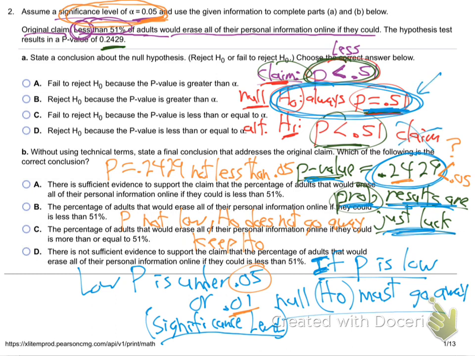We're keeping the null. That's kind of like a court of law. What do they assume in a court of law? They assume innocent unless strong evidence proves guilty. Right? The only time you convict a criminal and say they're guilty is when you have strong evidence. Beyond a reasonable doubt, they always say.